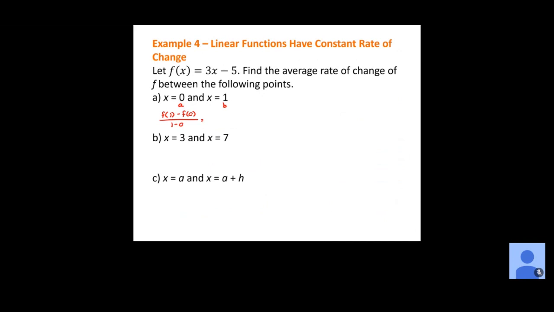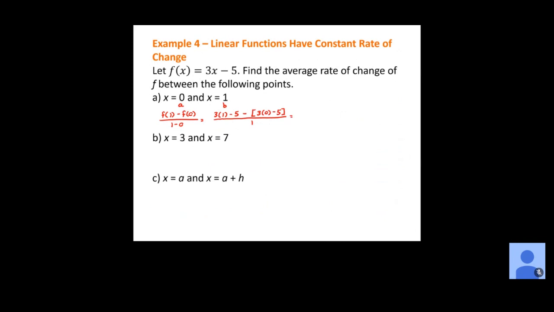So now we just substitute our values into our function. That's going to give us 3 times 1 minus 5 minus, and then I'm going to do 3 times 0 minus 5. All over 1 minus 0, which is just 1.